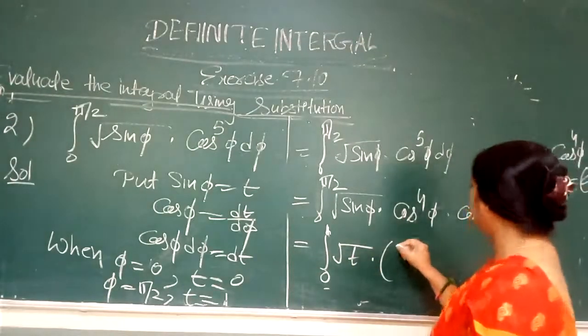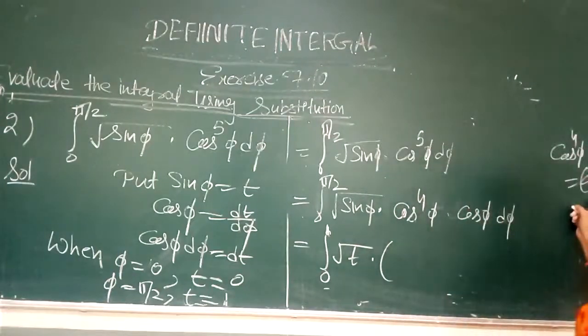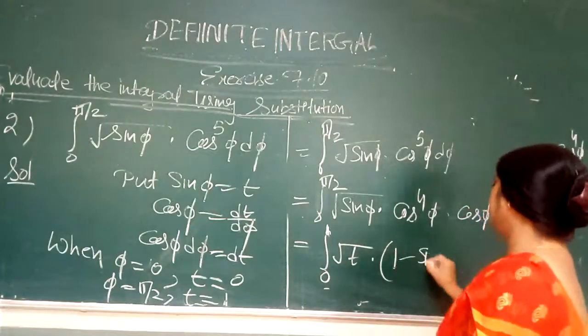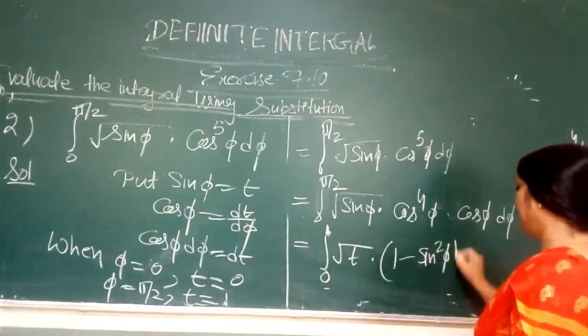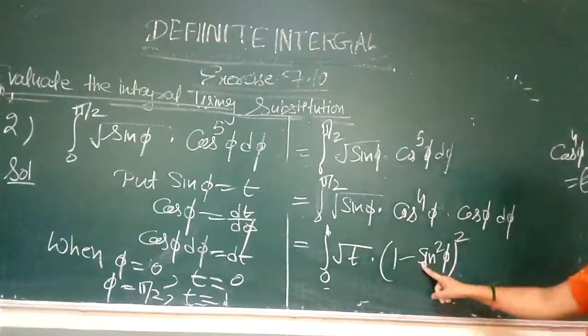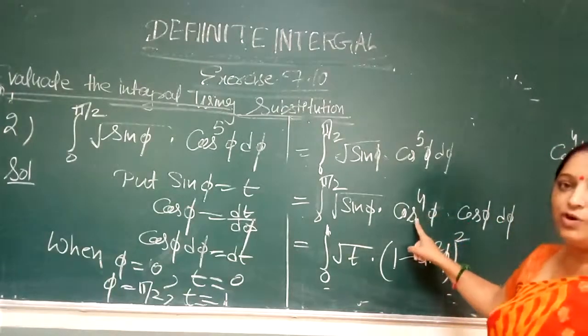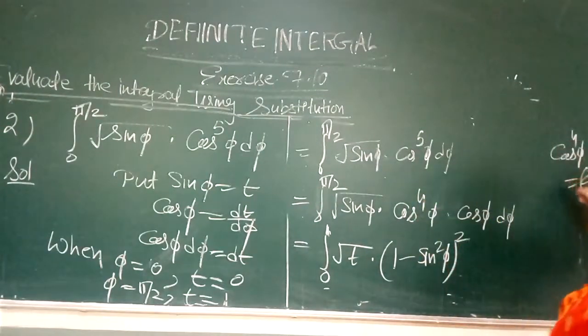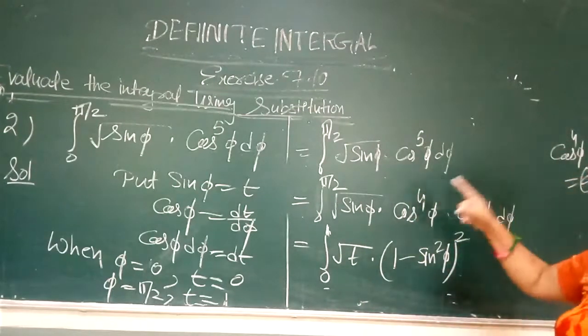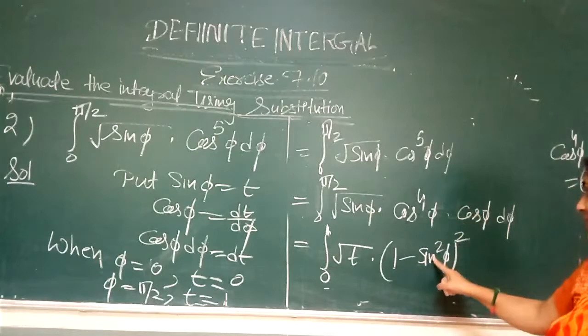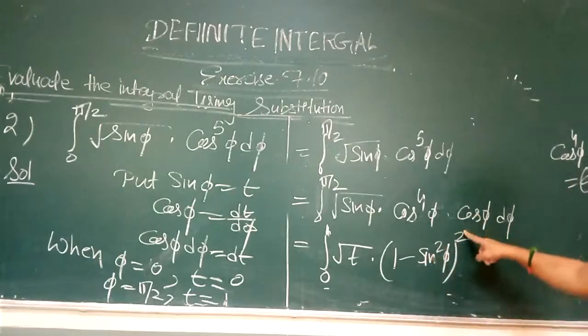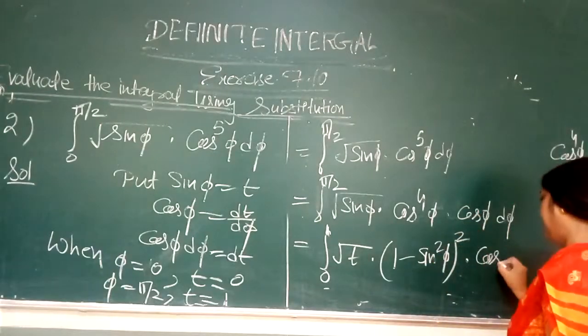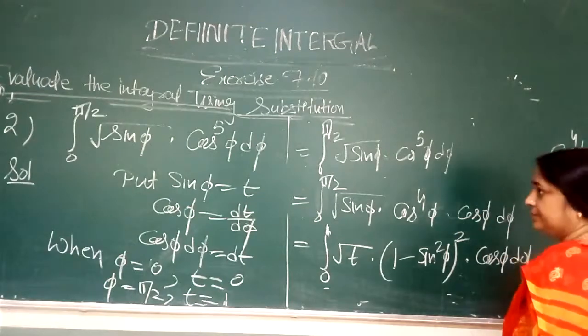What is the value of cos square phi in the form of sin? It is 1 minus sin square phi. Again I am telling you, we are breaking cos to the power 4 phi as cos square phi whole square, and cos square phi is 1 minus sin square phi, whole square, cos phi d phi.